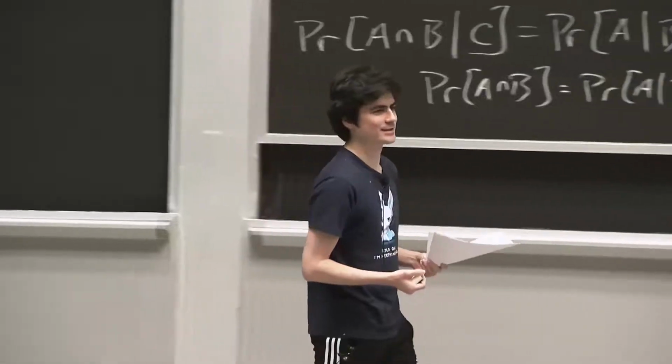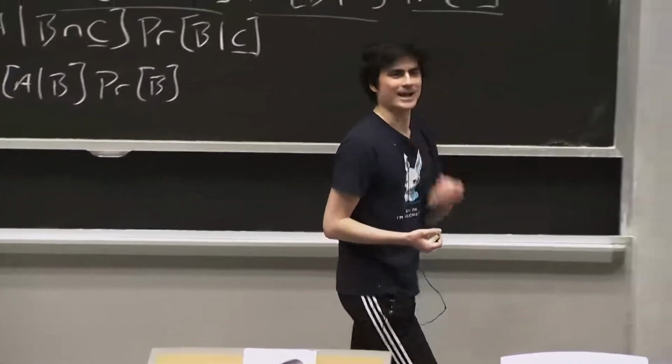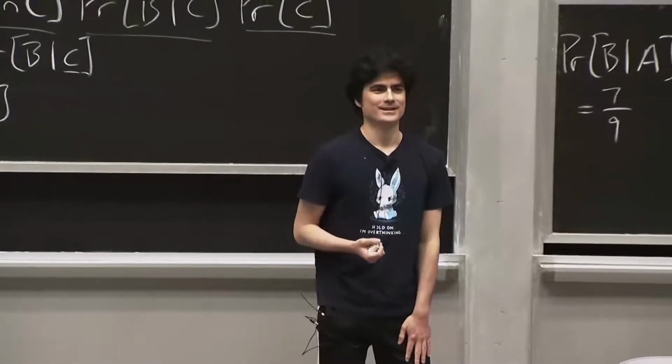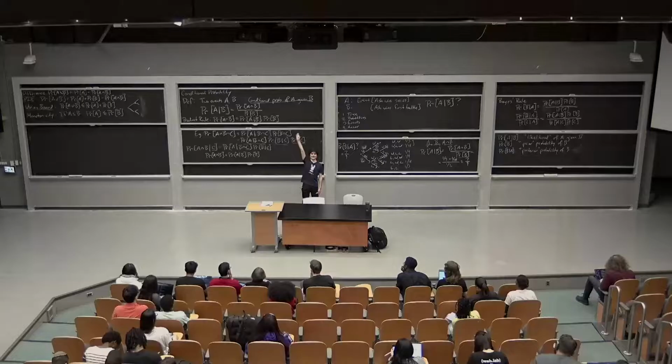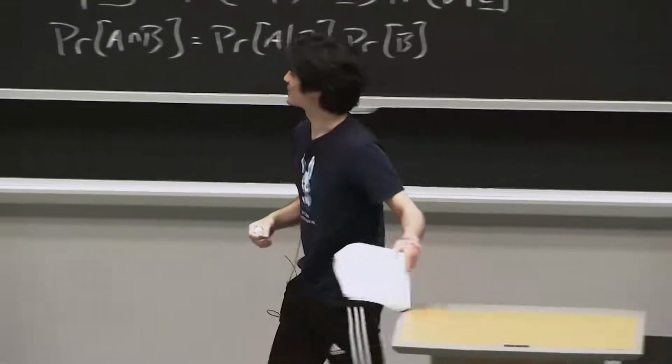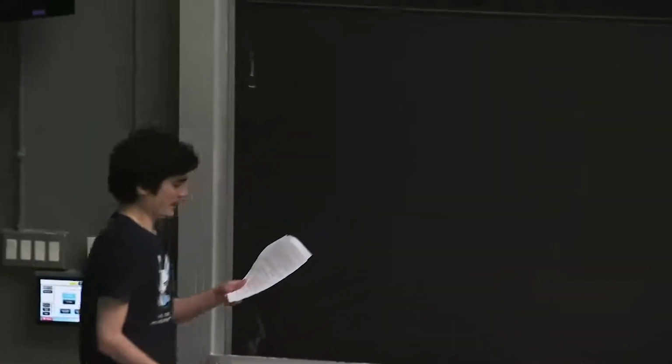Any ideas? Does anybody have any guesses as to what the probability is? Who wants to just draw out the tree diagram? No? A few people? People aren't as enthusiastic about it as they were on Tuesday. That's slightly unfortunate. Let's do it anyway. No, first let's make precise the events that we care about.